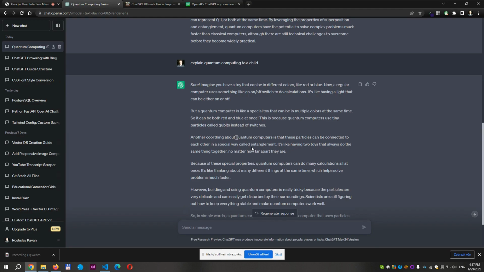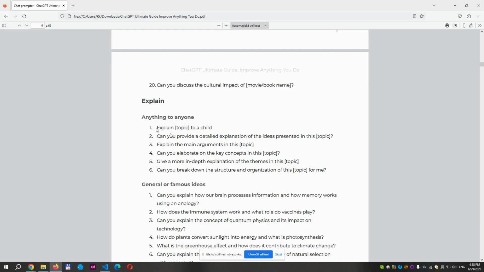But I'm sure that right now this gives you a really good idea of how powerful the explanatory skill of ChatGPT can be, and also how poor the hints from ChatGPT are on the introductory screen, and how big of a difference even a small change in a prompt makes.